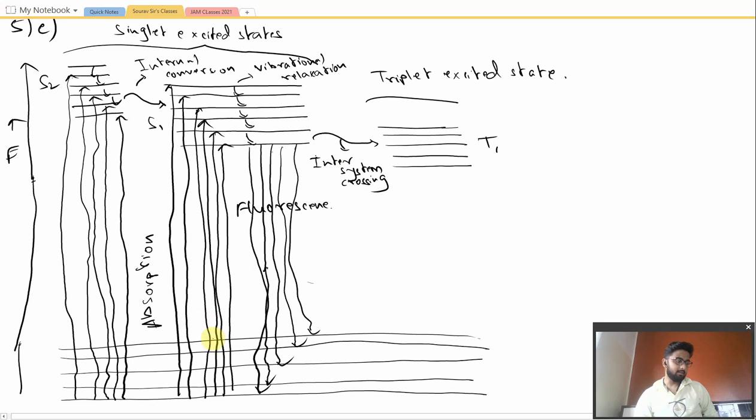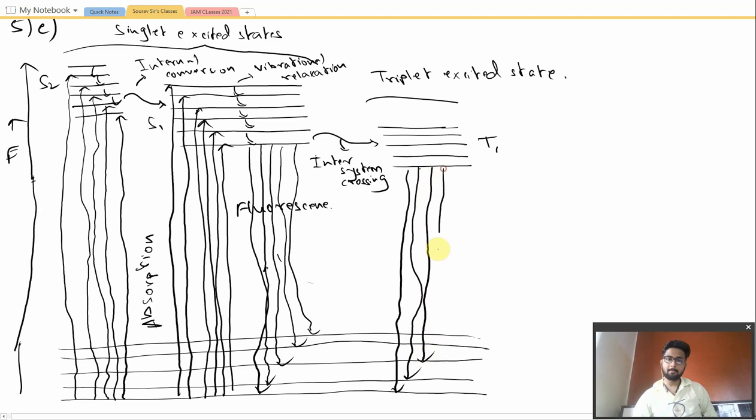Here also some transitions would be taking place. So let me draw that for you. Okay, so this is the case. This process is known as phosphorescence.